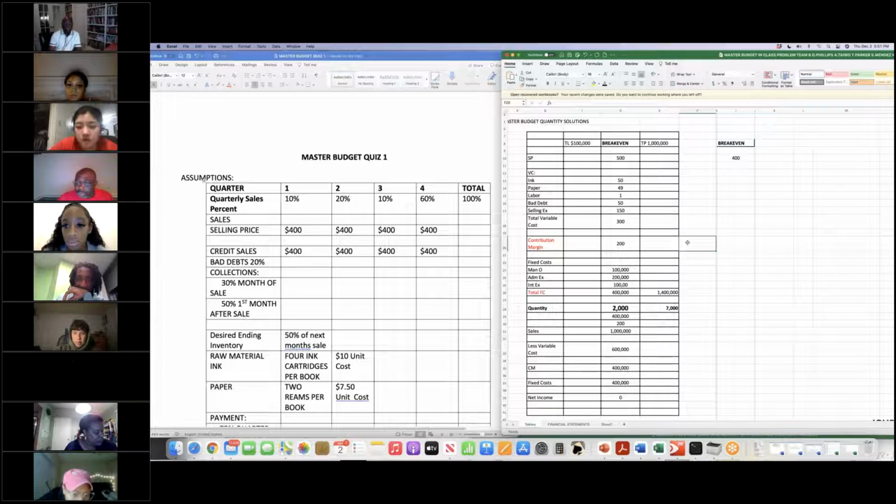So when we get ready to calculate this unit contribution margin, we always are going to get our variable cost.